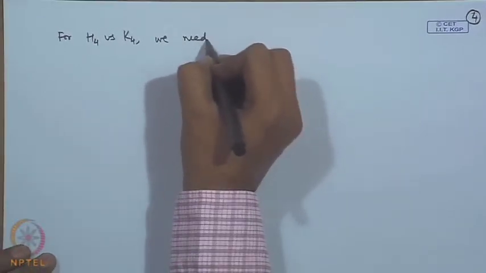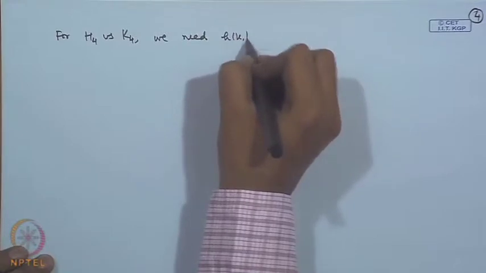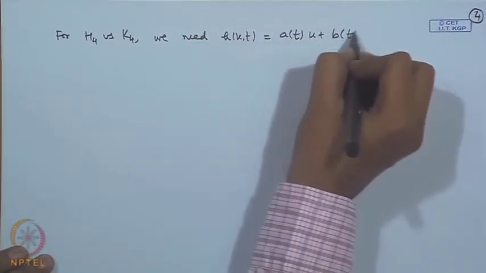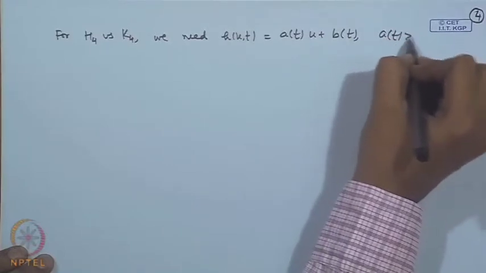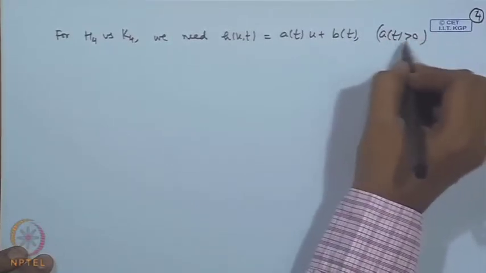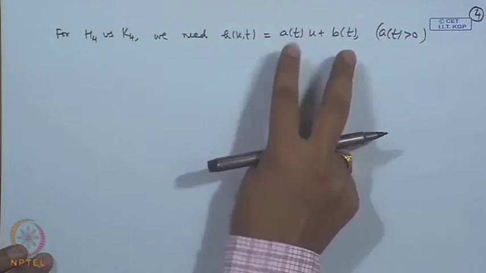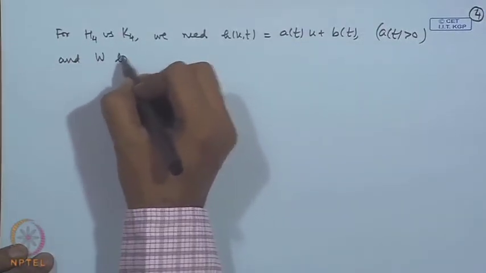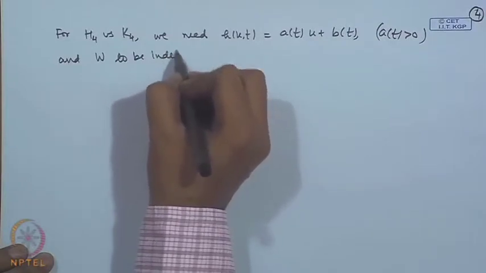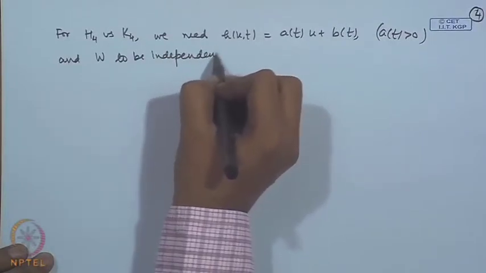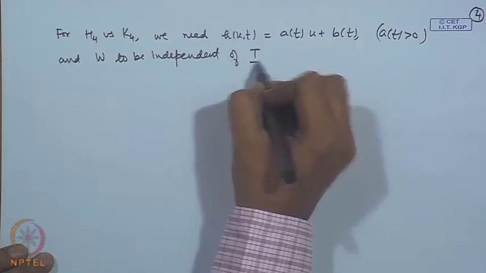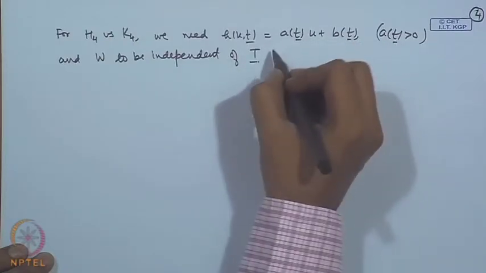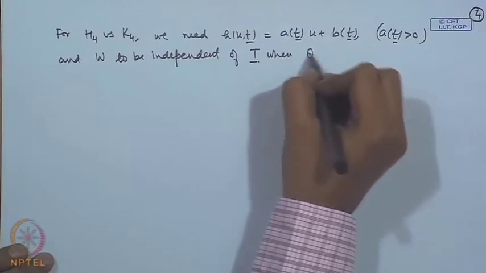We need h(u, t) to be a linear function of U. Of course, again I am taking a2 to be positive. If it is negative, then the region will get reversed. And we need W to be independent of T when theta is equal to theta naught.